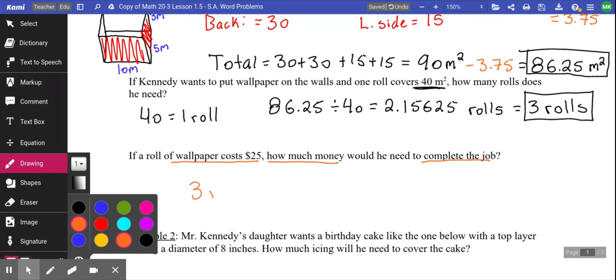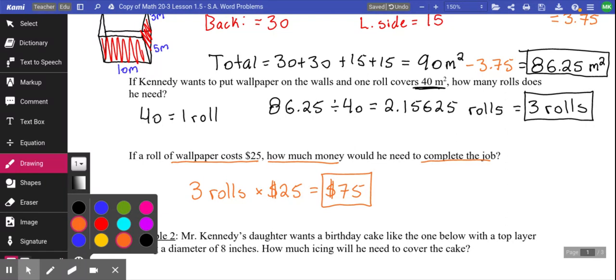Well, it was really confusing at first. So just times it. We need 3 rolls, so just times 25 by 3. You got it. You take your $25 and multiply it by the 3 rolls that you need. It just took a little bit more time, but he got there. That gives you a total of $75 that you need.